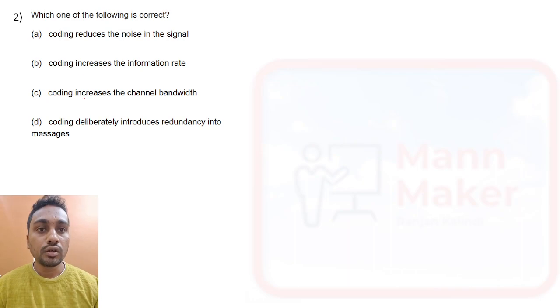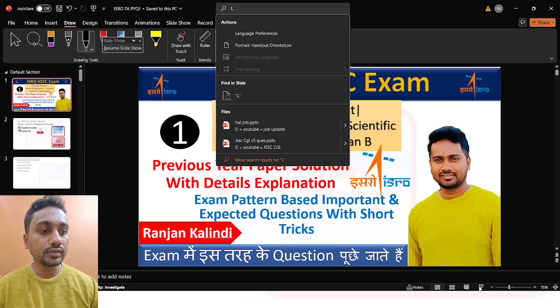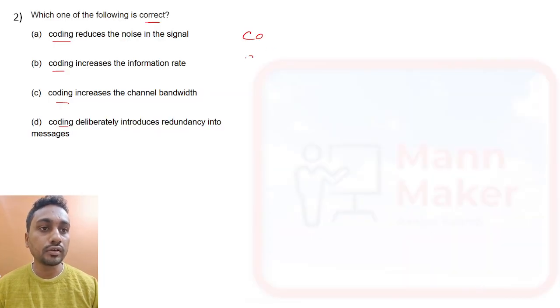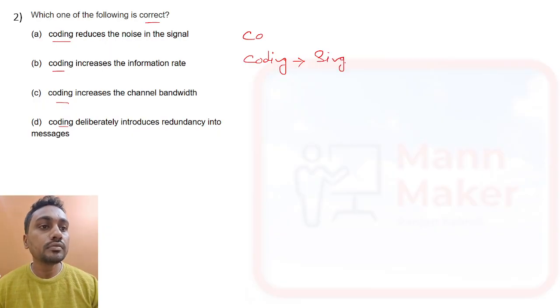Which one of the following is correct? So four options are given, we need to find the correct one. All the options are related to coding. What is coding? Coding is generally used in signal transmission.